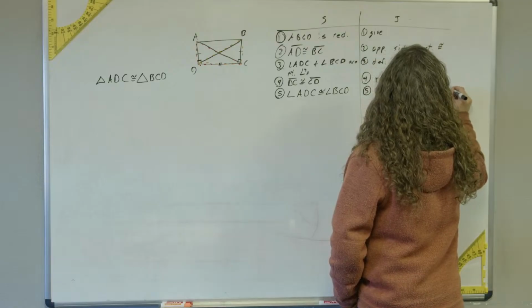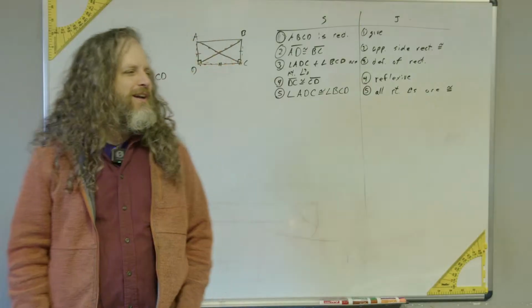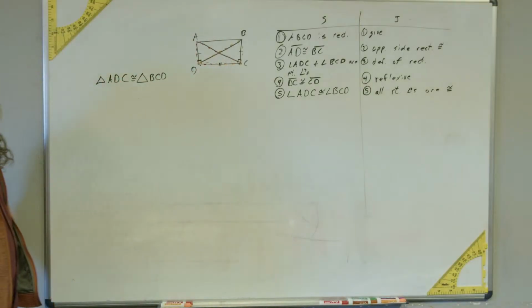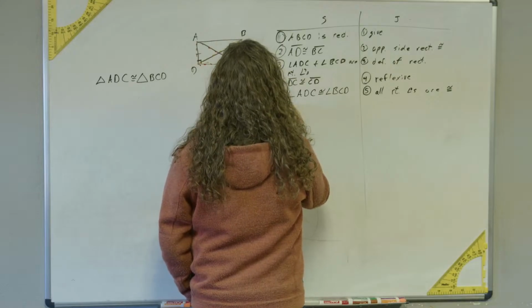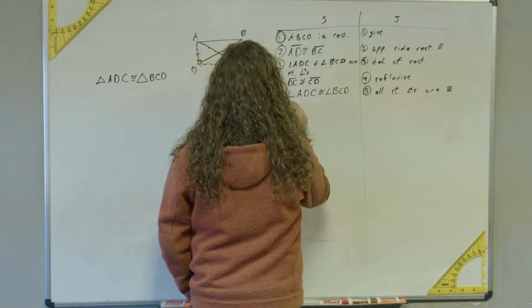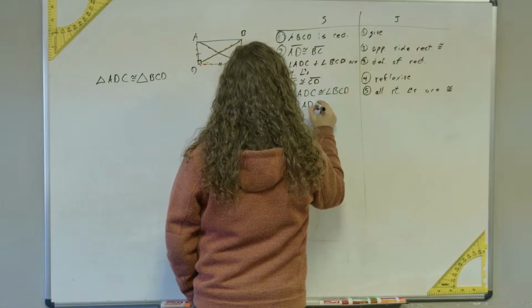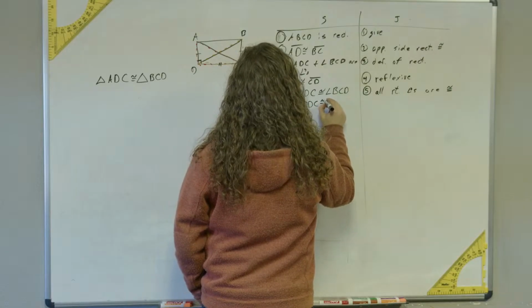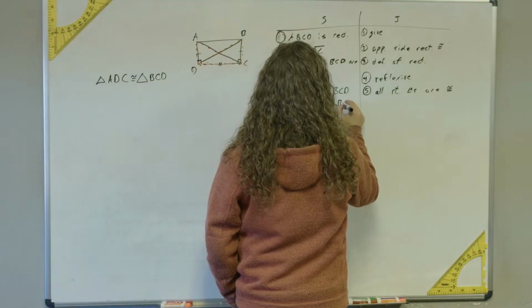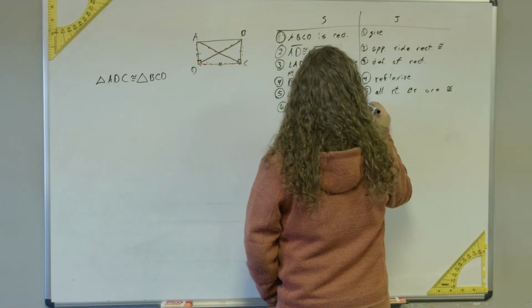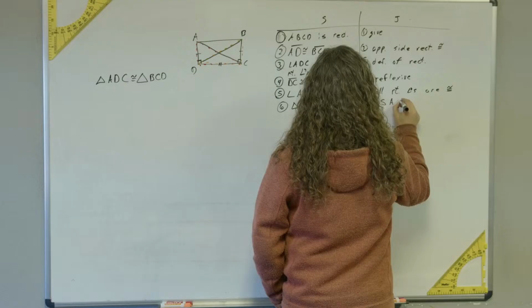I feel like it's got to be a postulate because it's like one of those no-duh kind of statements, right? So now we do have side angle side, triangle ADC is congruent to triangle BCD because of side angle side.